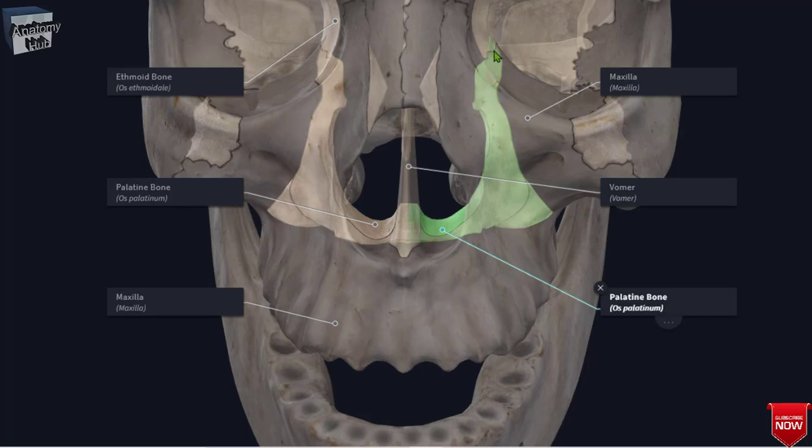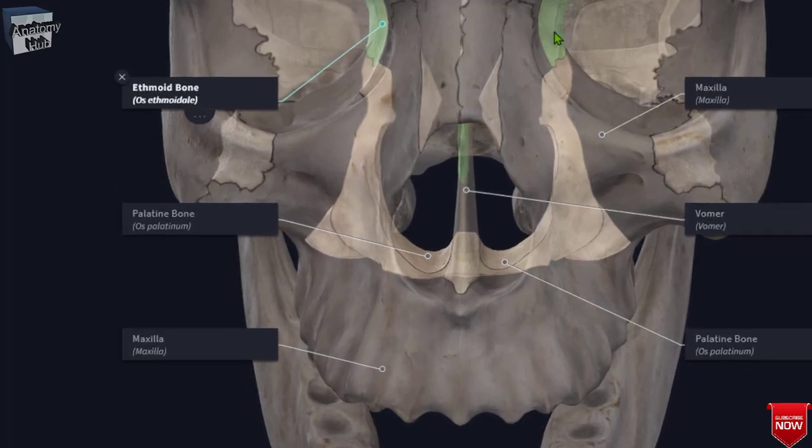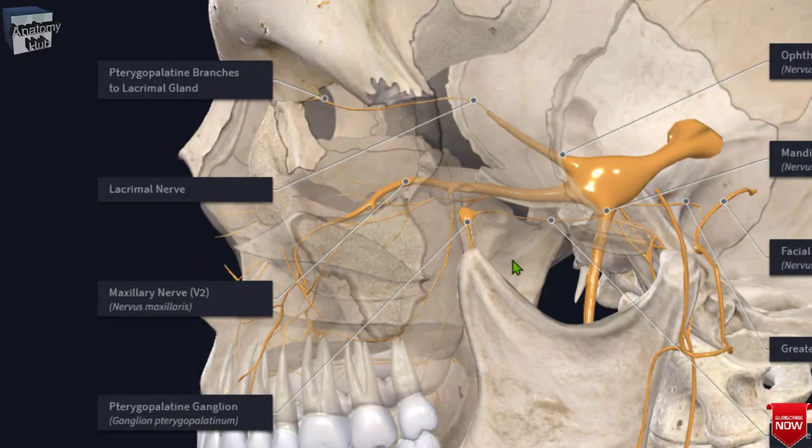So this perpendicular plate of the palatine bone articulates with the ethmoid bone at the superior side. And so here you can see the relation of some nerves and vessels inside this pterygopalatine fossa, that are related to the palatine bone.